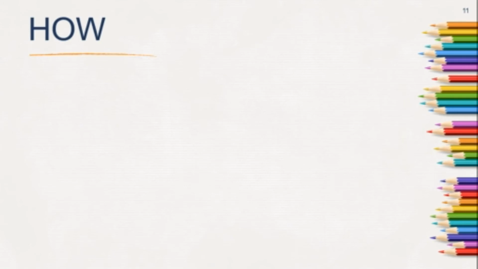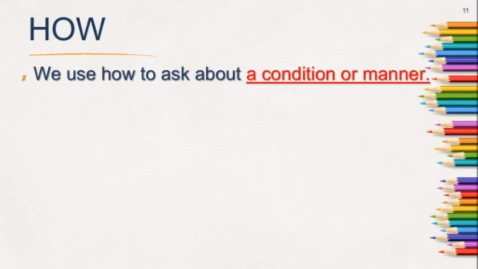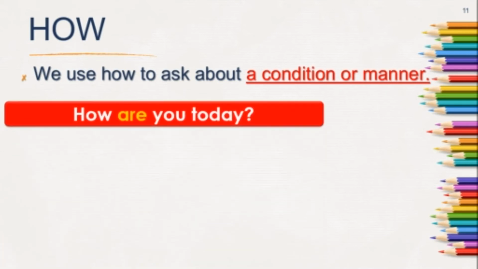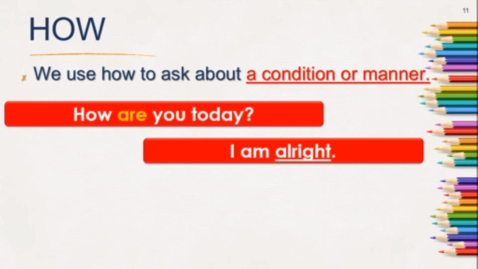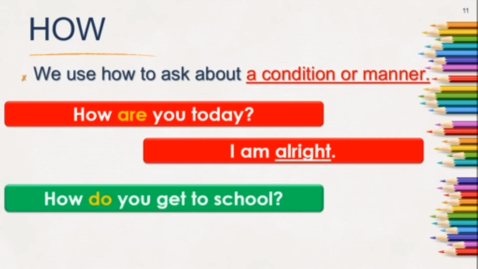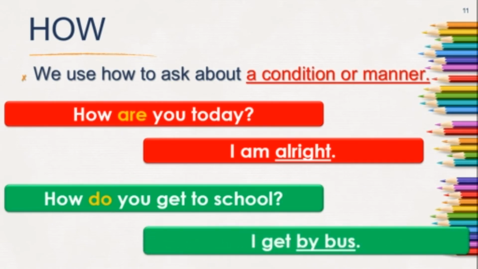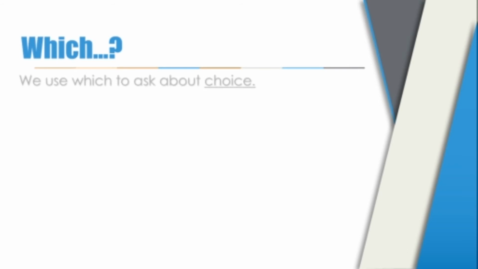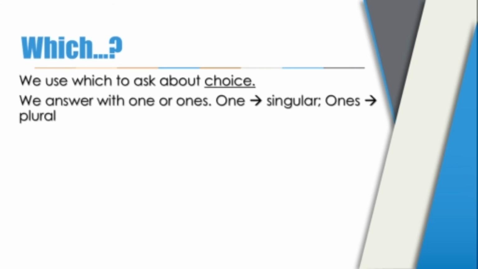The question word how. We use how to ask about a condition or manner. How are you today? I'm alright. How do you get to school? I get by bus. It is about a condition or manner. The question word which. We use which to ask about choice.